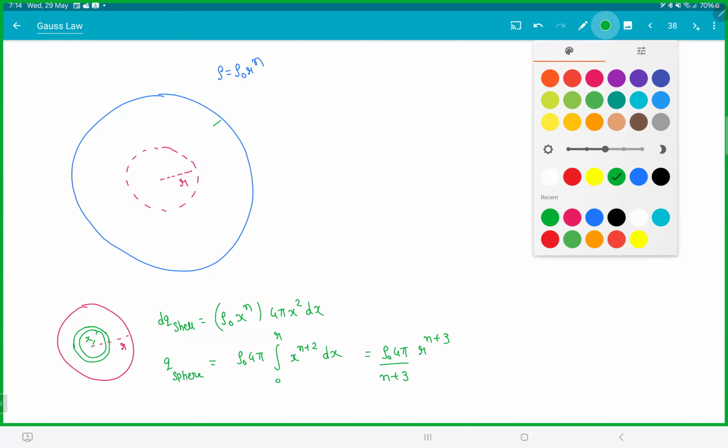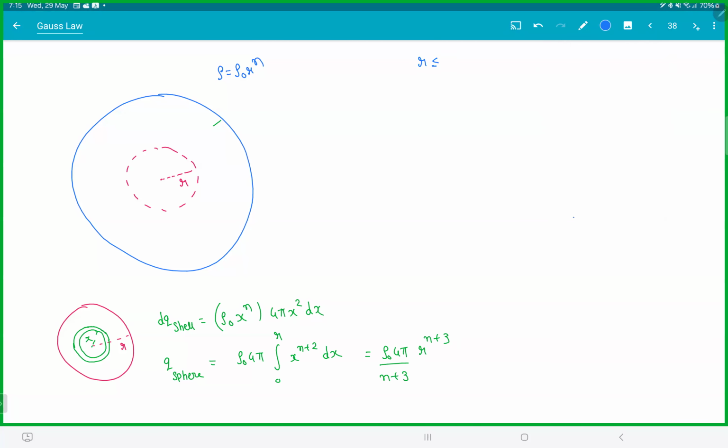Clear? Now, for r less than capital R, the flux will be straightforward: E into the surface area 4 pi r square should be the charge enclosed by epsilon. Now try to understand, this is the charge from 0 to the smaller r, which we have calculated already.